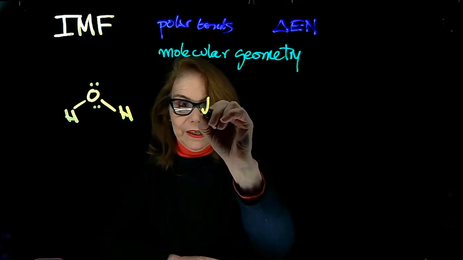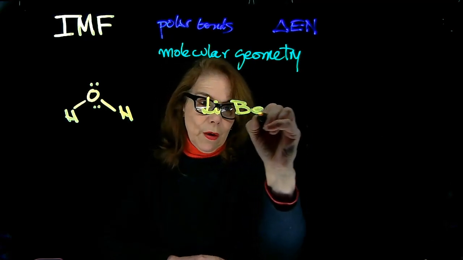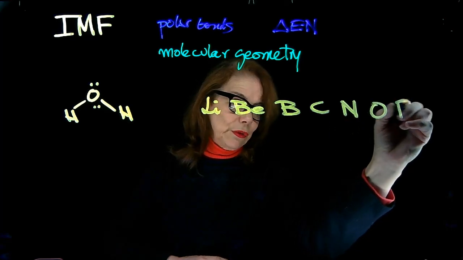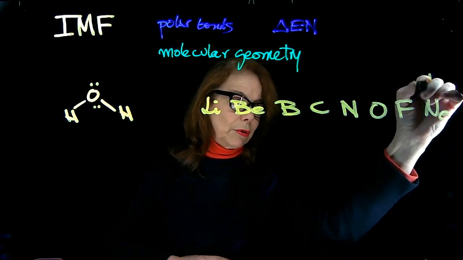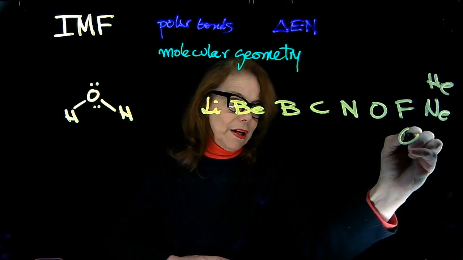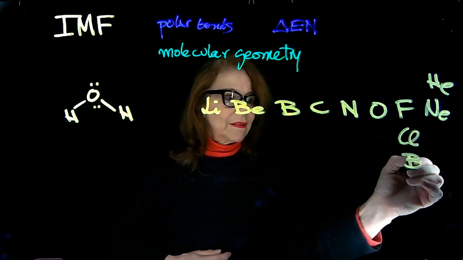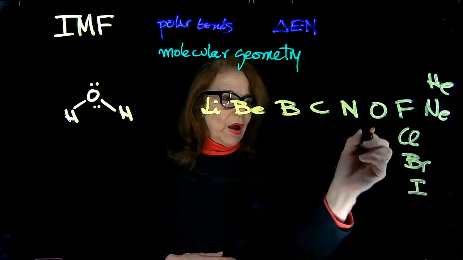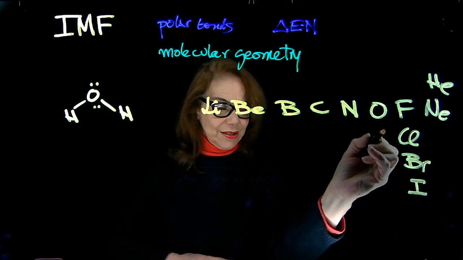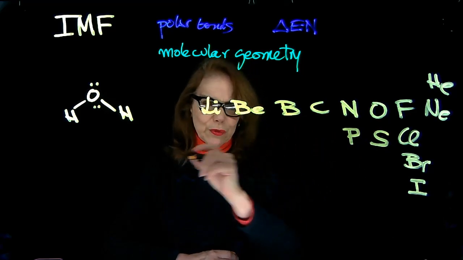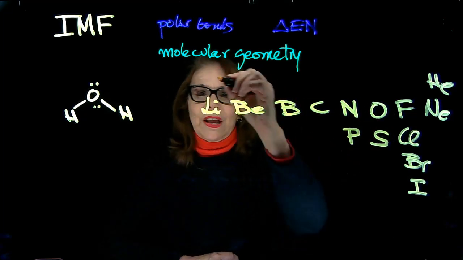Second period is lithium, beryllium, boron, carbon, nitrogen, oxygen, fluorine, and here's neon. Noble gases are here. Right here is chlorine, and we have a lot of halides in organic compounds. Here, right under oxygen, we have sulfur. Right under nitrogen, we have phosphorus. So those are common elements in organic molecules.